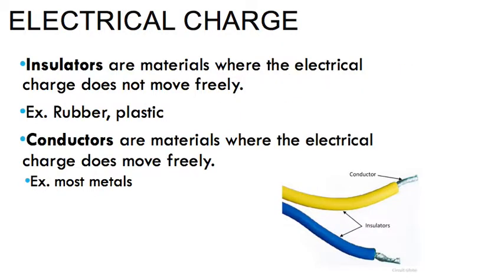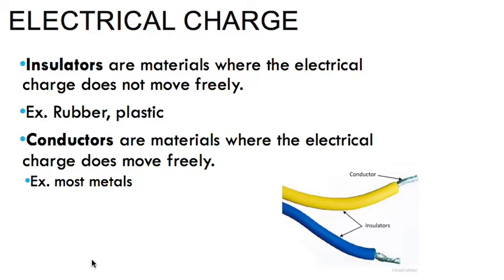Moving electrical charge in a circuit or through other materials, there's two categories for this. There's insulators, which you've probably heard of before, are materials where electrical charge does not move freely through it. For instance, rubber and plastic are going to be insulators. And then there's conductors, where electrical charge pretty much does flow freely through it.